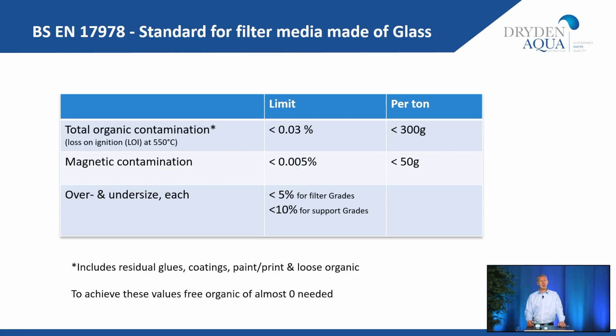It also measures the magnetic contamination, and in the contamination for these metals, it's a limit of up to 50 grams. But this is the really interesting one, and quite sophisticated equipment is required to measure this. And this is the over and undersize of each of the grades that we produce, so grade 1, grade 2, and grade 3. So the filtering grades, grade 1 is a tolerance of 5%.